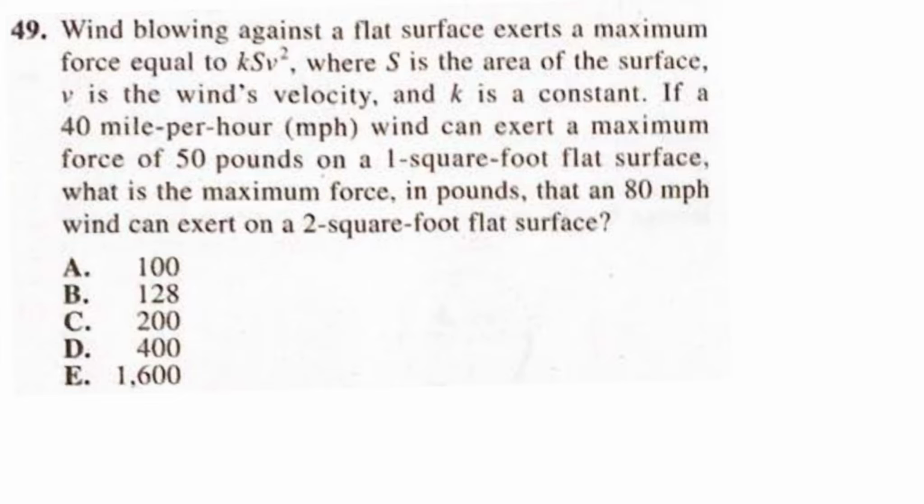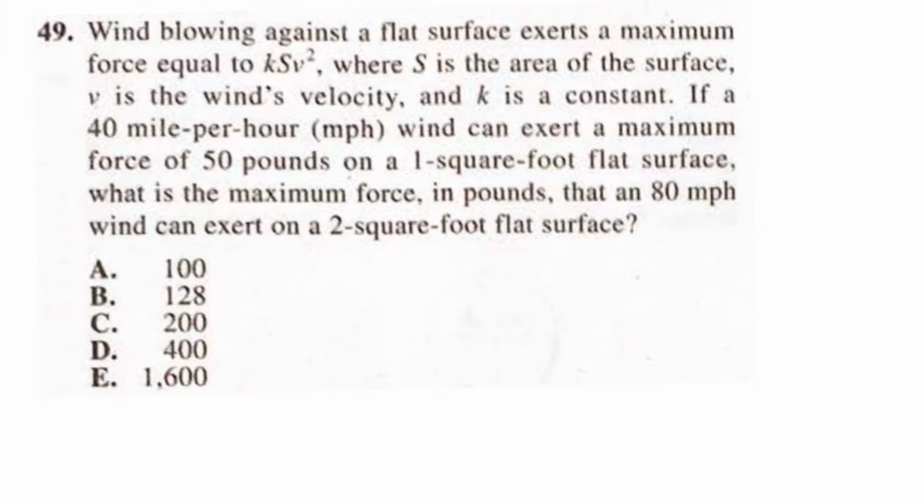This example, I don't have any tricks on this one, we just solve what it says. The wind blows against the flat surface, exerts a maximum force of this equation, K being a constant value, S being the surface area, V being the wind's velocity.